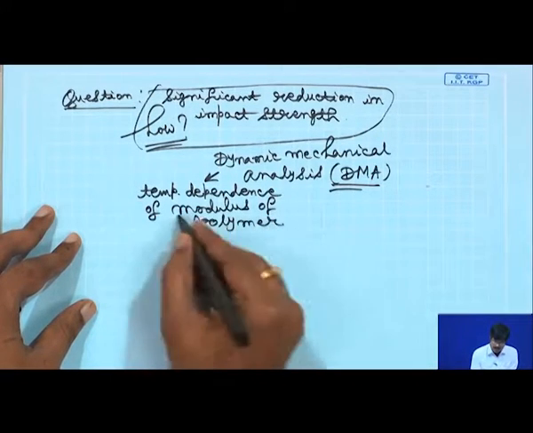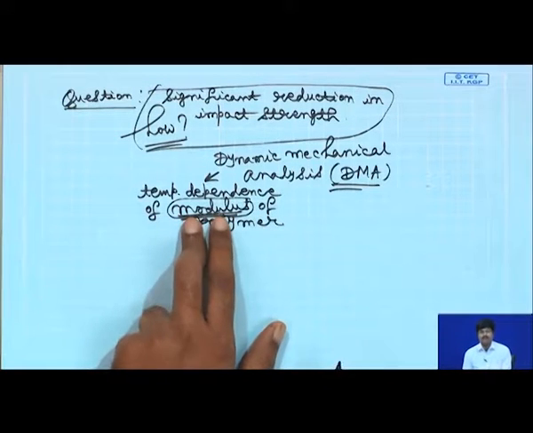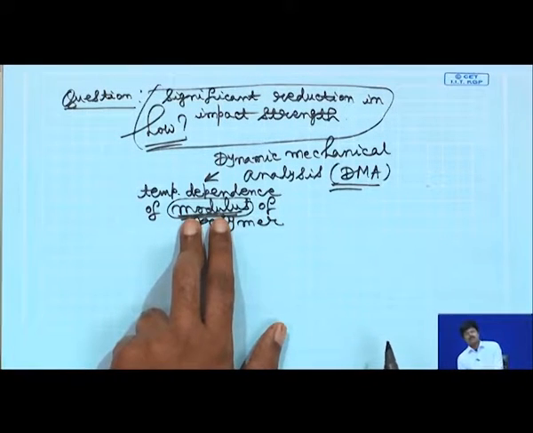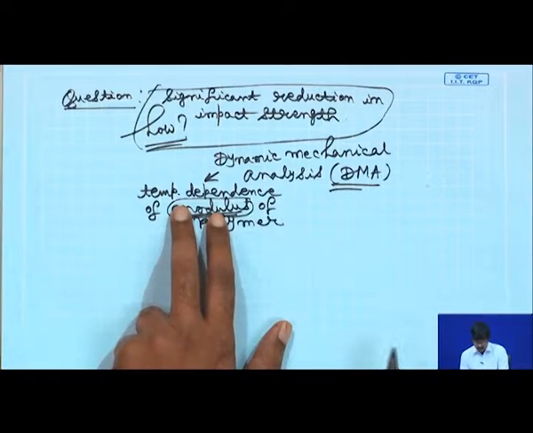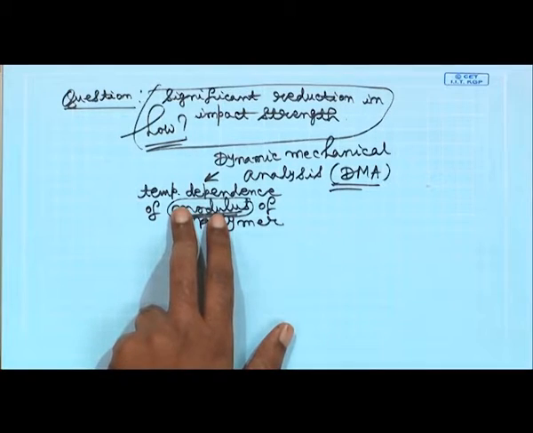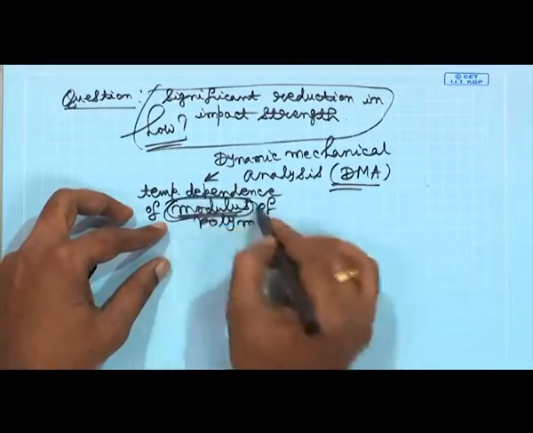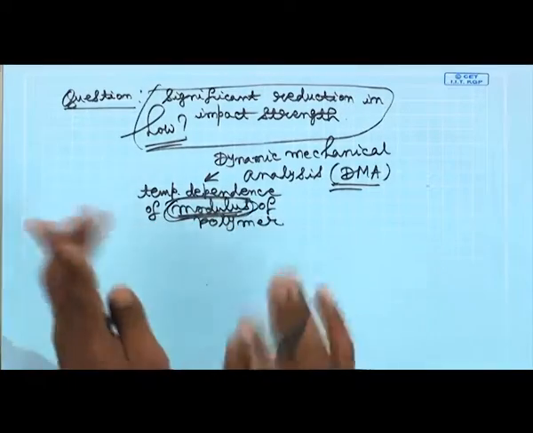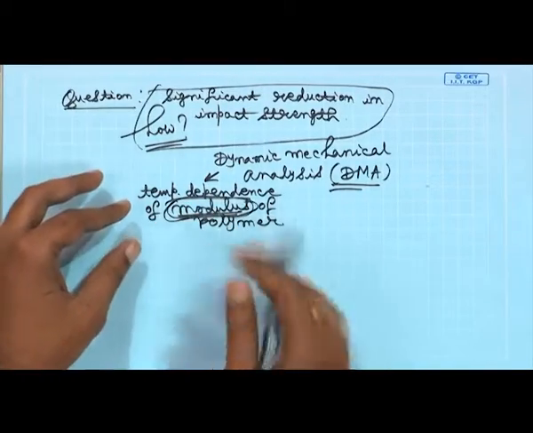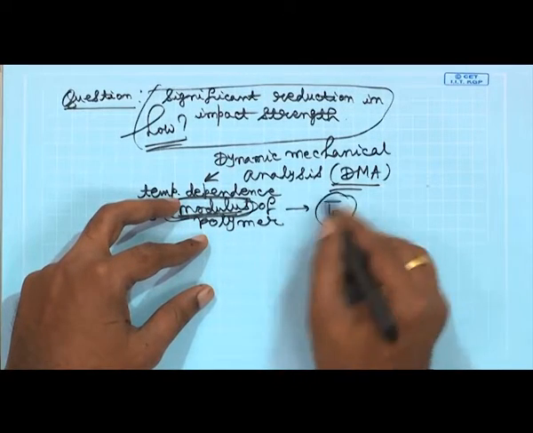I mean, this modulus that I am going to talk about, you remember there is something called Young's modulus. This is something different, of course, because Young's modulus tells you the stiffness of the material, the slope of the linear part of the stress strain curve. So, it is another kind of modulus I am going to talk about. So, this is the temperature dependence of the modulus of the polymer, and this also gives you an estimate of Tg.